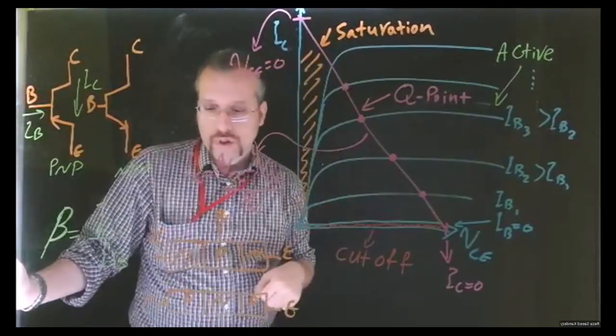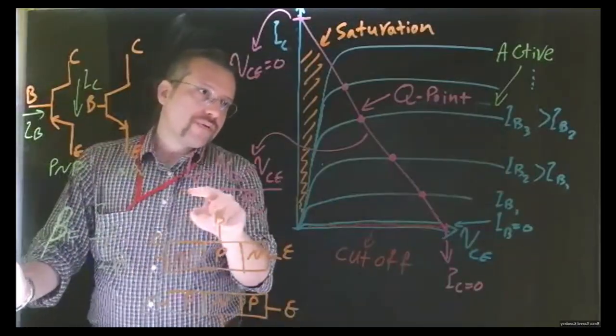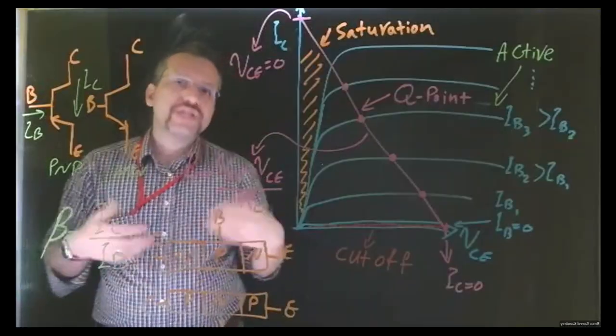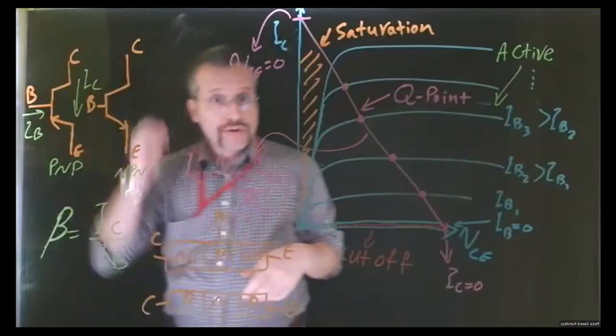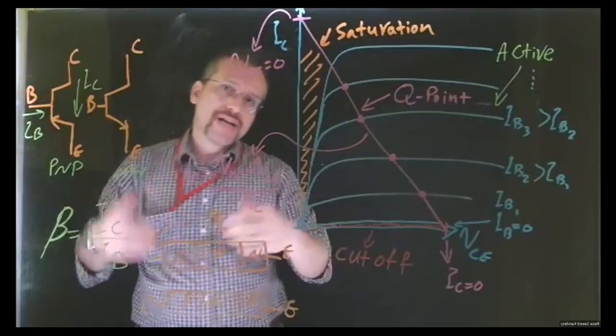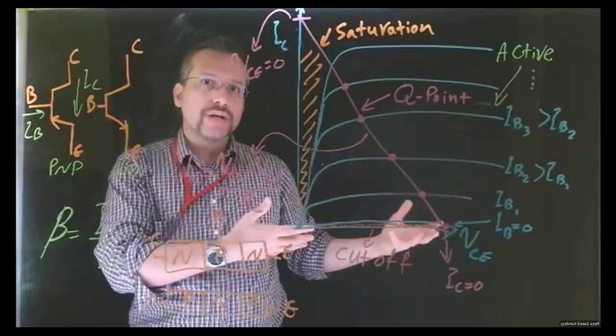Now, how would this graph work for us in a circuit? IB is input, and we are going to have an output from that BJT.